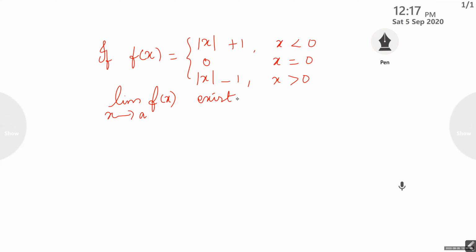Listen, children, here we are given a modulus function. Can you recall what is meant by modulus function? How is the modulus function defined? Modulus of x is, Michael, how will you define modulus of x?